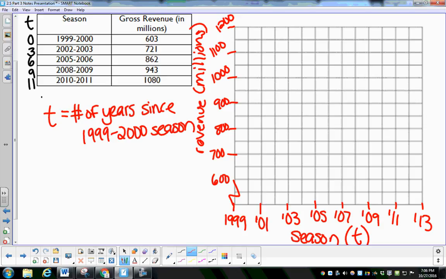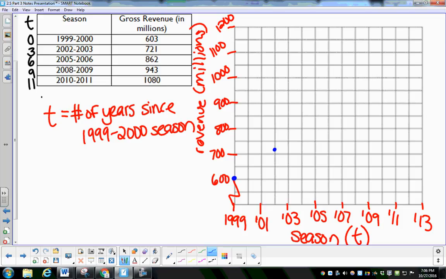So let's go ahead and if we put all these data points on there, it's going to be kind of like a scatter plot. And I want to go ahead and do that to show it to you guys. It doesn't do that in your book, but I want to show you. So let's put all those data points on there. In 1999, it was just a little bit above 600. In 2002, which is 3 years later, it was at 721. So maybe like right there.